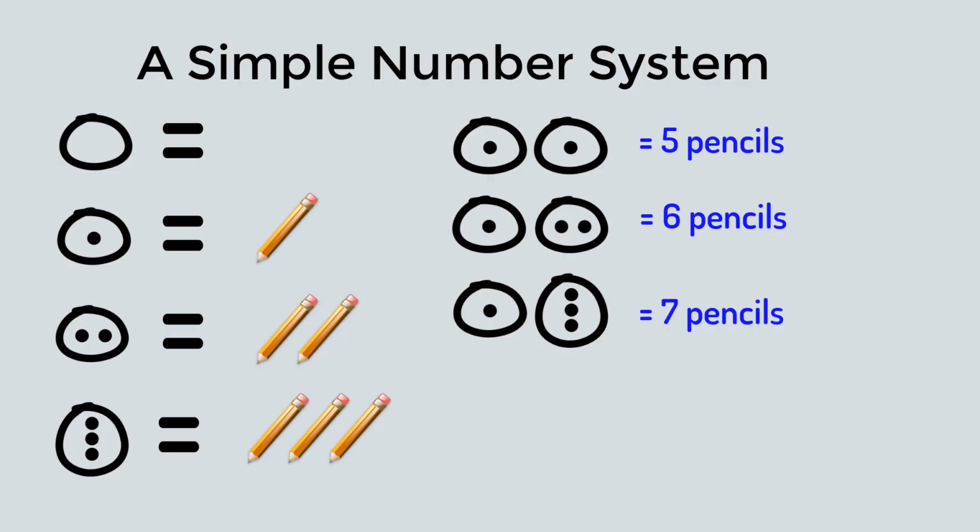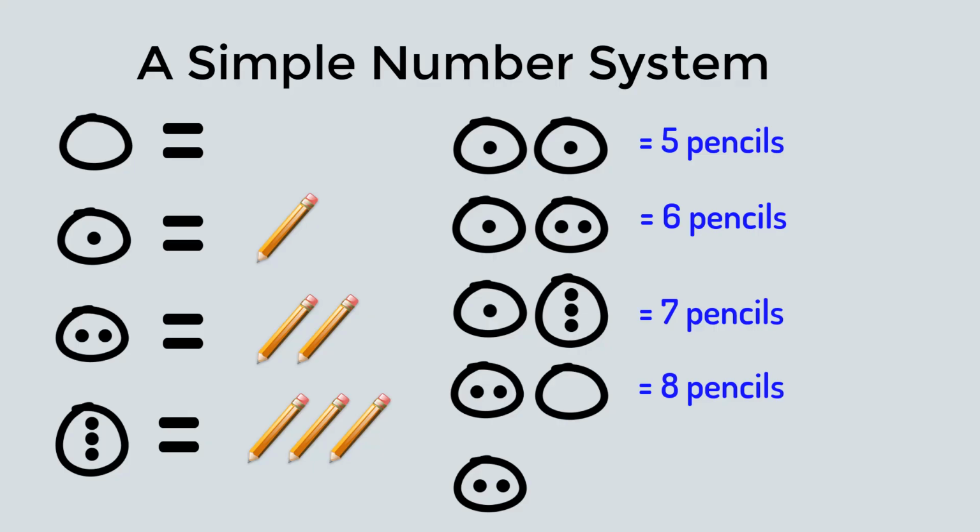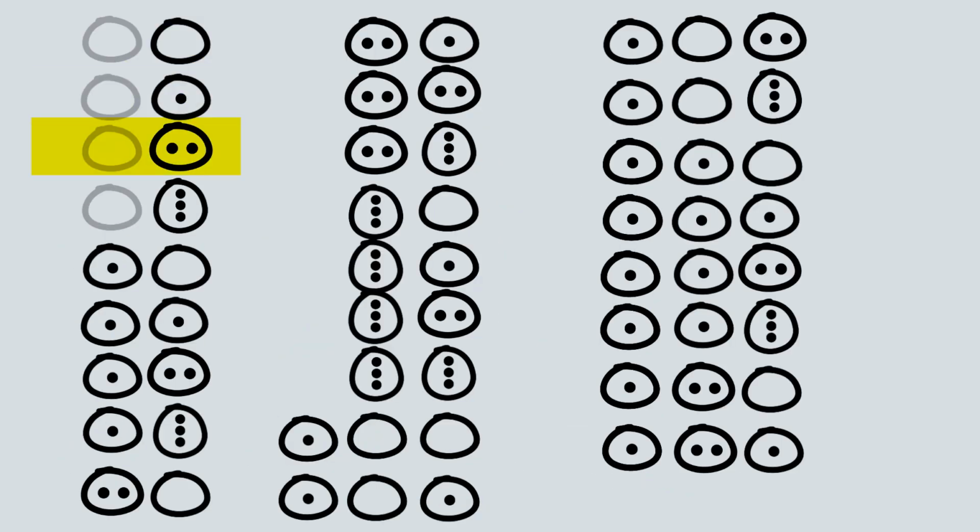After that, we need 2 groups of 4. 8 pencils are represented as 2 groups of 4 and no extra pencils. 9 pencils are represented as 2 groups of 4 and 1 extra pencil. 10 pencils are represented as 2 groups of 4 and 2 extra pencils. 11 pencils are represented as 2 groups of 4 and 3 extra pencils. And the pattern continues. Once the rightmost position has gone through all 4 possible symbols, the position to the left increases.